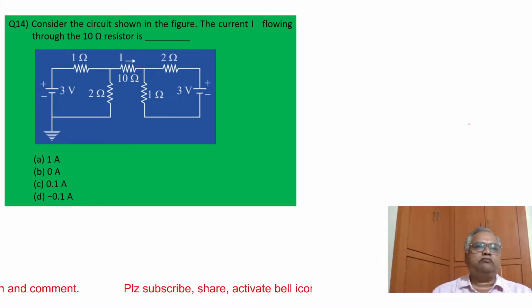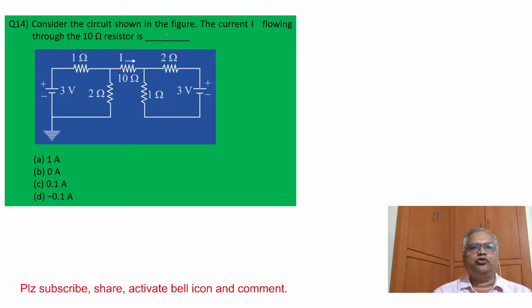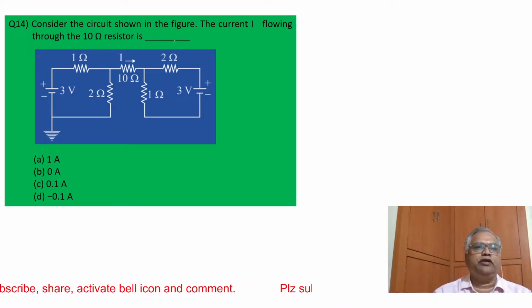This is another simple question. Consider the circuit shown in the figure. The current I flowing through the 10 ohm resistor is? We have to find I. If current is flowing through the 10 ohm, there must be a return path to come back. But these two endpoints are not closed.